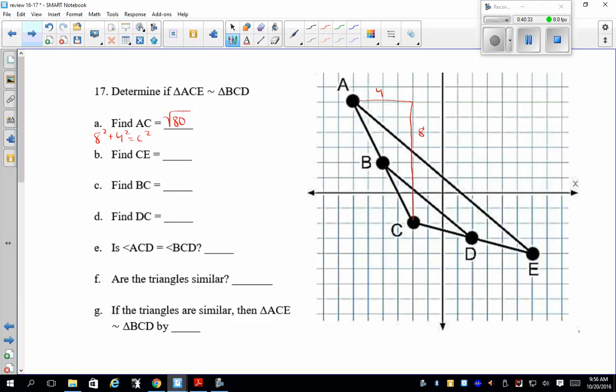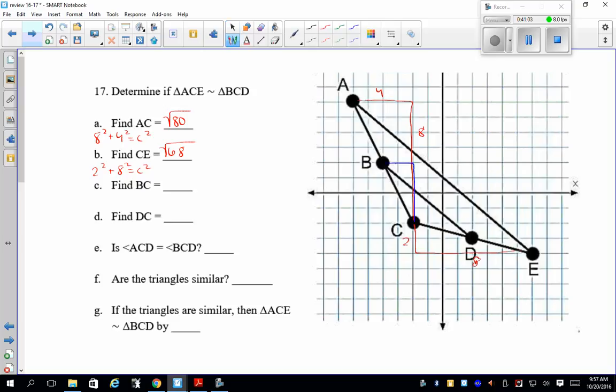Okay, CE. Also going to count how far down is 2, how far over is 8. I'm going to use Pythagorean theorem again. 2 squared plus 8 squared equals c squared. And for this, I get square root of 68. Okay, next I'm going to find BC.